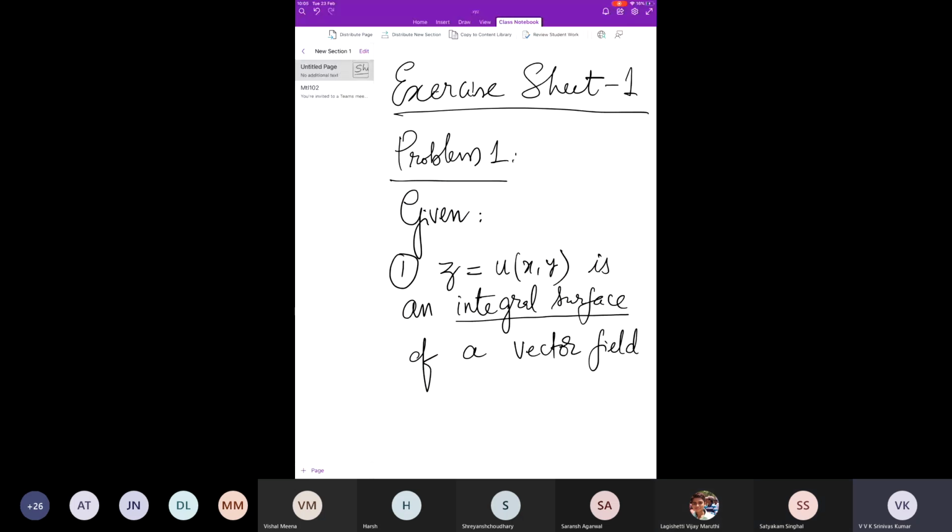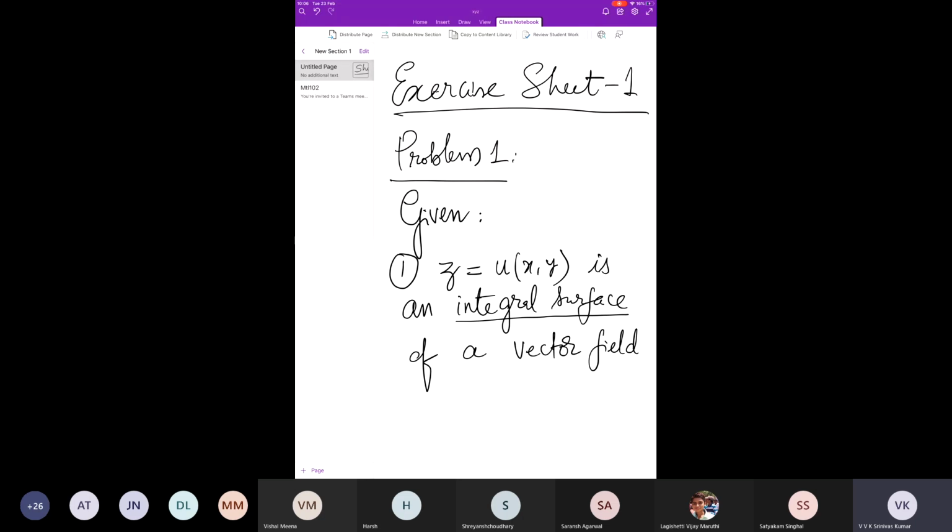Read the statement of problem 1 from the exercise sheet that is given on our course home page. Write down what is given to us and what we have to prove. The if statement is there: if z is equal to u(x,y) is an integral surface, that is what I am writing as the given.